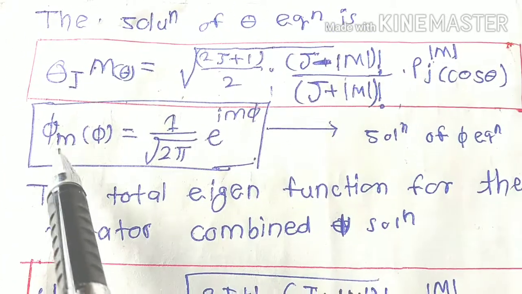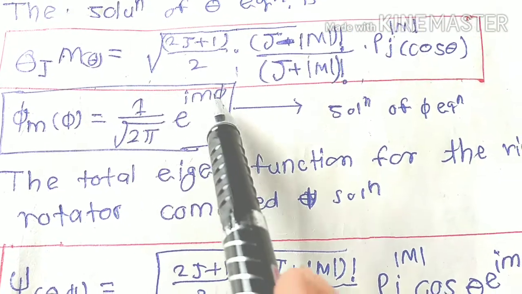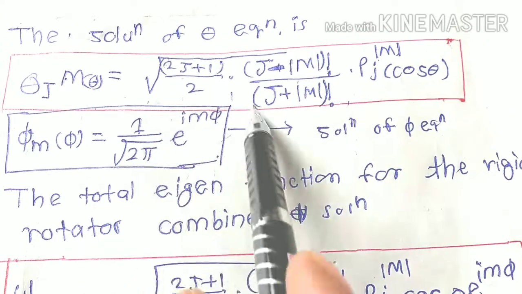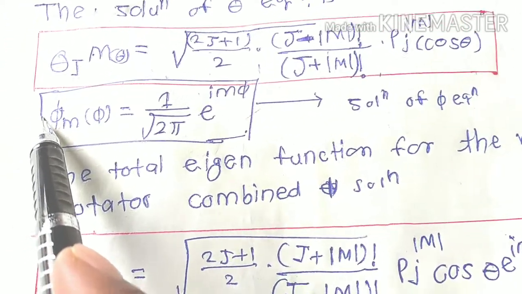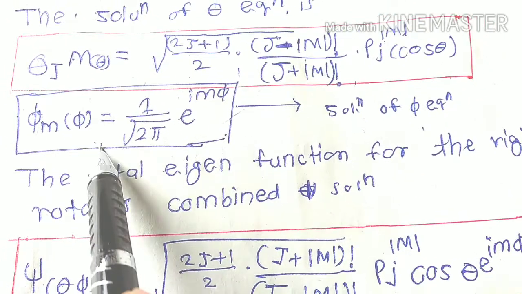So we get phi of m into phi equals to 1 by under root 2 pi e raised to minus I m phi. We already got this value in the normalization of wave function. This is the solution of phi equation.